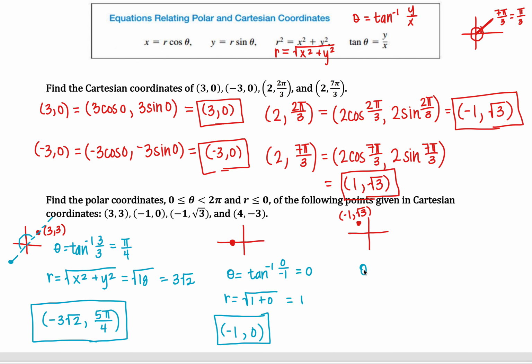So theta is going to equal the inverse tangent of the square root of 3 over negative 1. So theta would be the inverse tangent of negative square root of 3. And if you do this on a calculator, it's going to give you negative pi over 3.